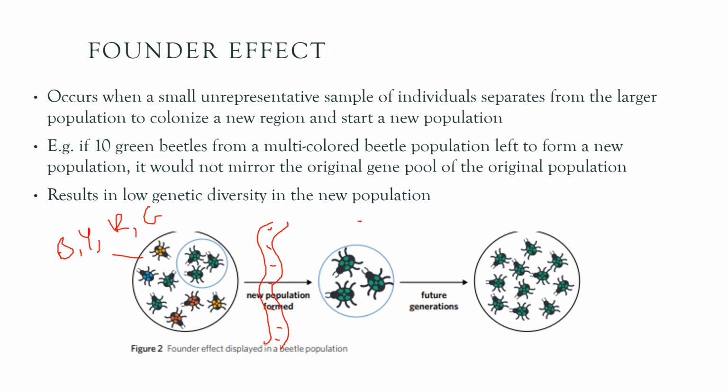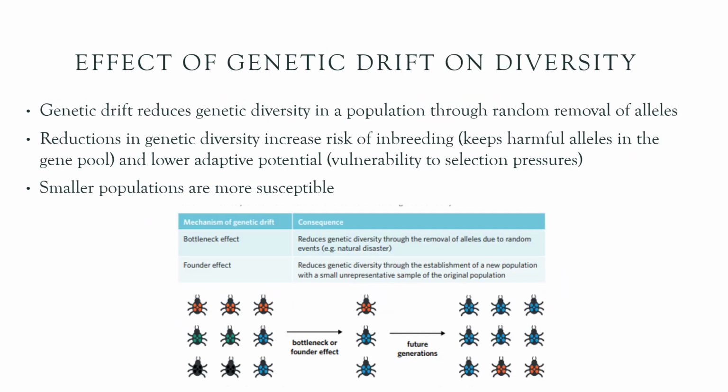So we now only have green alleles in this population, which means we have much lower genetic diversity in the new population. And then you can see in future generations, we now only have a population of green beetles. So the founder effect is when individuals are separated due to a random event of some description, and this normally again lowers the population size and therefore decreases genetic diversity of the new population.